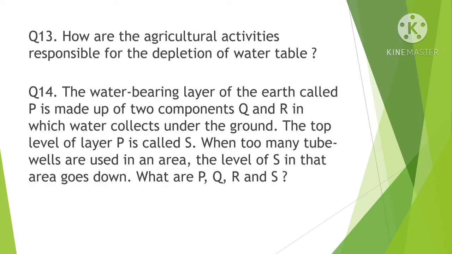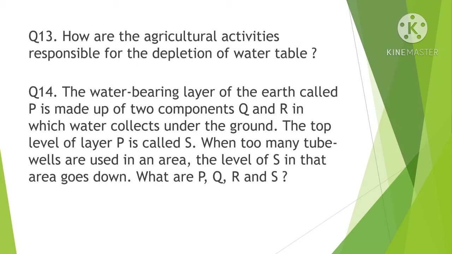Now if there is less rain or sometimes no rain in a particular area, the farmers have to use the groundwater for the irrigation purpose. Now for the increasing population, we have to grow more and more food. So the use of groundwater in agriculture is increasing day by day, which is resulting in the depletion of water table.